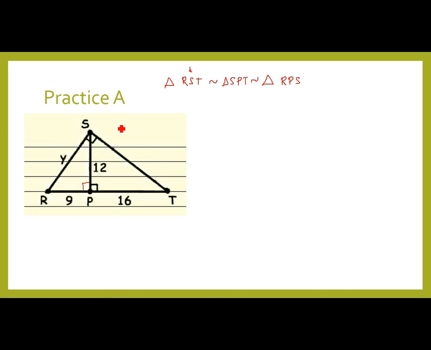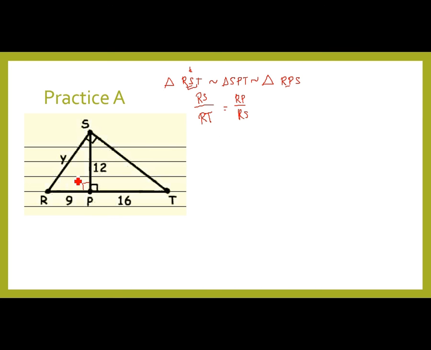So if we look at the big triangle, we could say that y, that will be RS, is to RT, just like if you look at this one, RP is to RS.